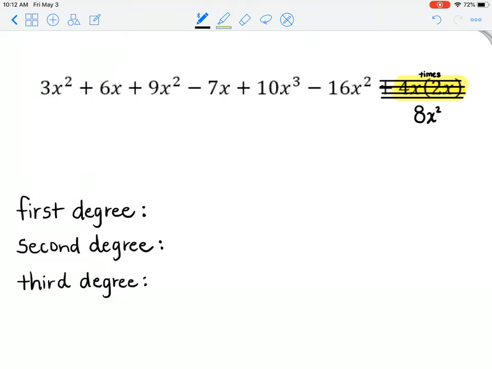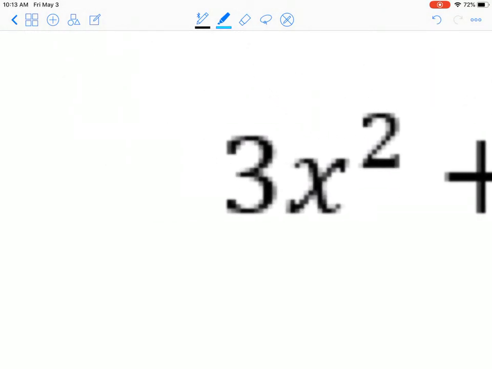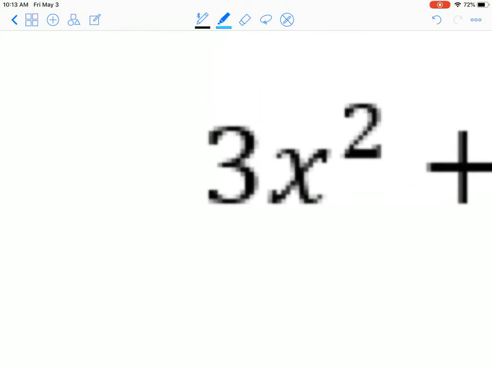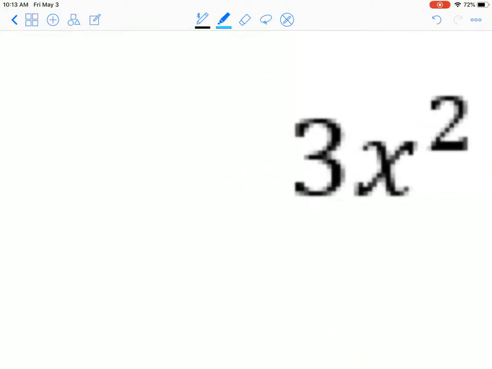Okay, I'm going to zoom one more time and then I'll quit doing that because I know that's maybe annoying. I want you to focus, though, for just a second on this term. So, okay, just this first term. 3x to the second. And here's where I want you to focus.